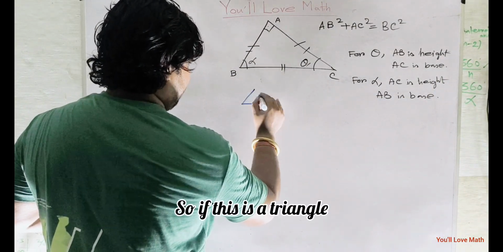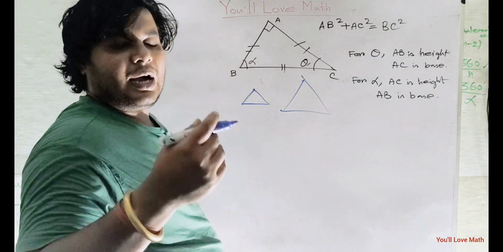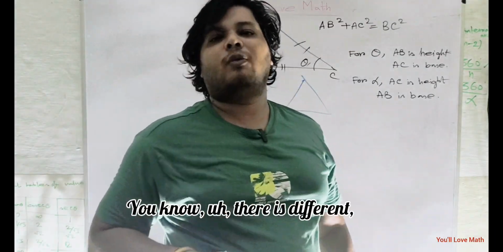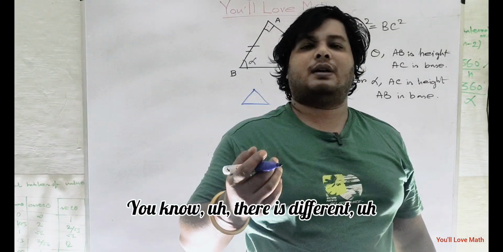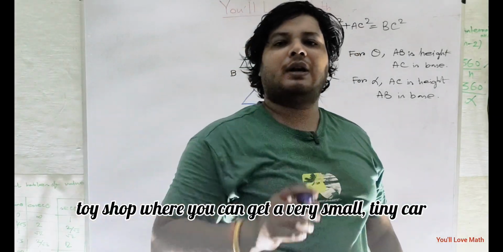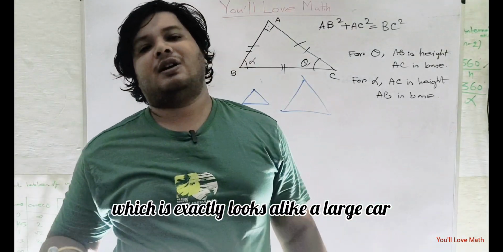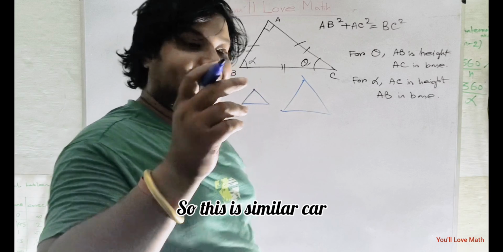So if this is a triangle and this is a triangle, I am giving an example. In a toy shop you can get a very small tiny car which looks exactly like a large car. So this is a similar car.